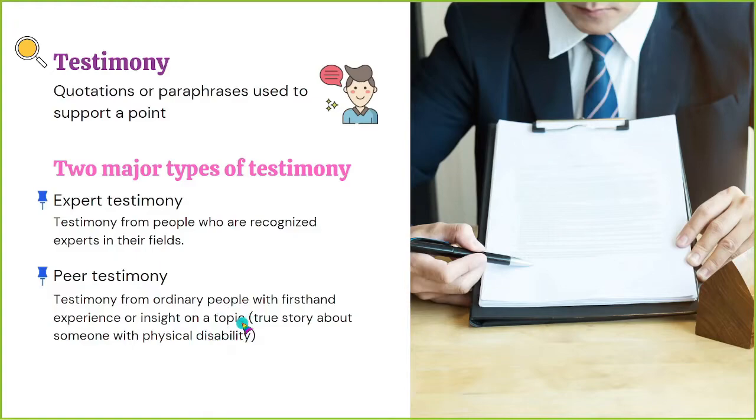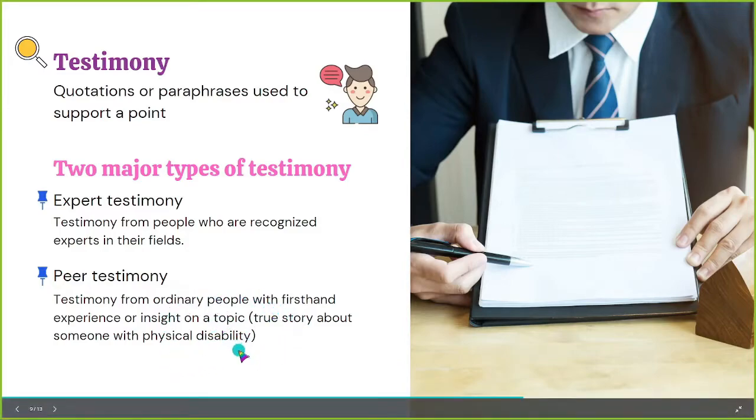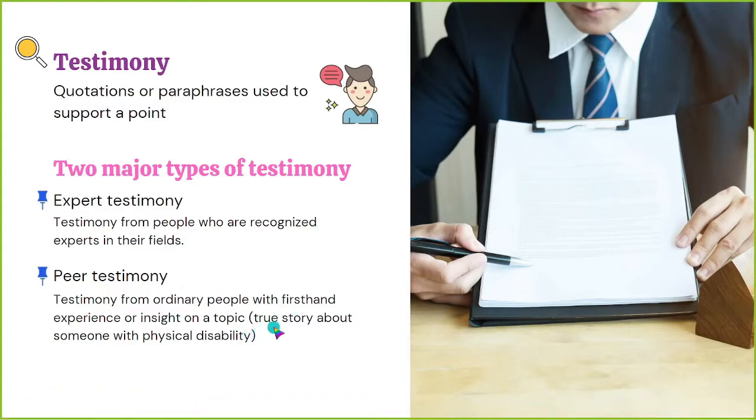When you read the review on a certain product, that is their experience of how they received the product and how they feel using it. In a public speech about physical disability, you will find someone with a physical disability and do an interview with them. It's also peer testimony, because you are talking to someone who has first-hand experience of it.